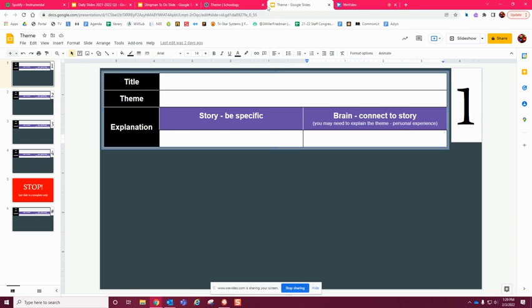So, for example, I'm going to find an example that I can share with you that another student had written down. Let me see if I can find that really quickly here for you. But again, you guys are really, really good about finding a theme.